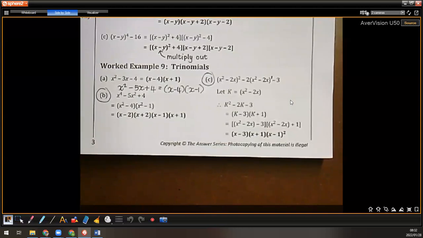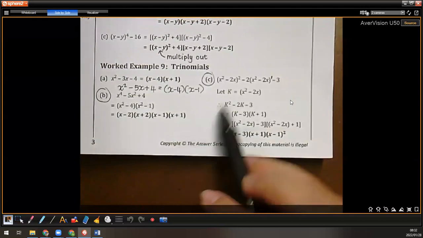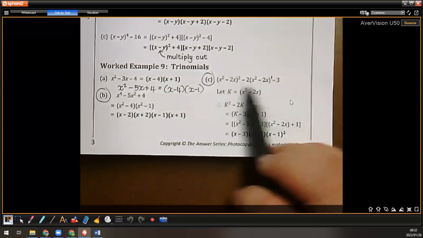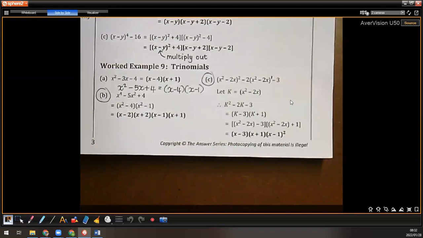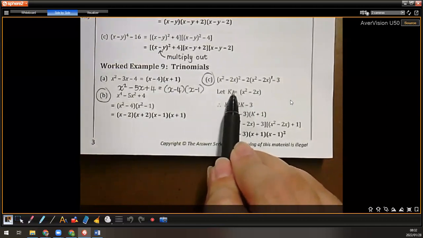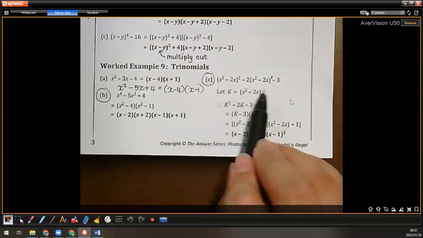They are introducing a method of solving complicated equations in this example. We call it the K method. If you notice that there's the same bracket being repeated multiple times, you can actually introduce another variable, usually K, but it can be anything, all right? You can introduce a different variable and substitute it in that bracket space.